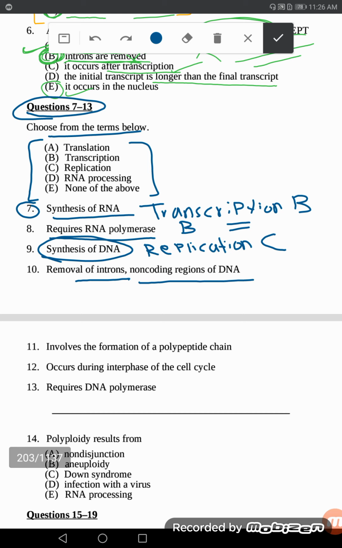So this is done during the process of RNA processing. During RNA processing, the introns will be removed, and the initial transcript, which is long, will become shorter in size. So the answer for this one is D.